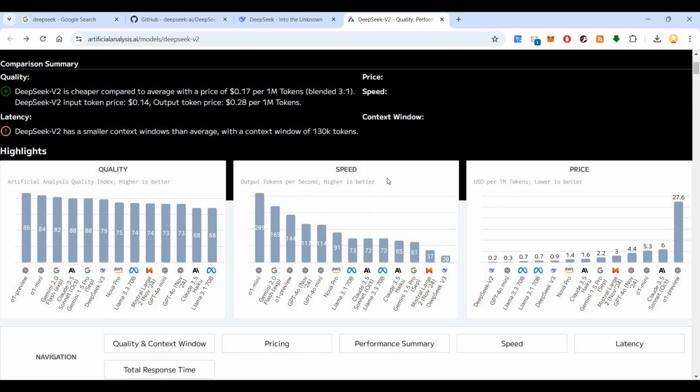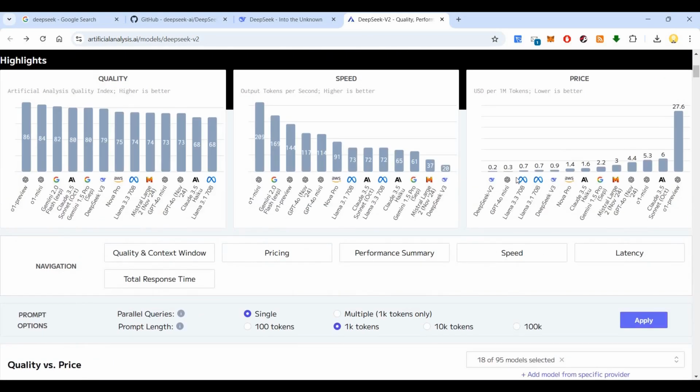In terms of cost, this is 0.2. Compare that with ChatGPT, which is 27.6 times that. This is USD per 1 million tokens, lower is better. For this fraction of the cost, it has very good performance, I would say.